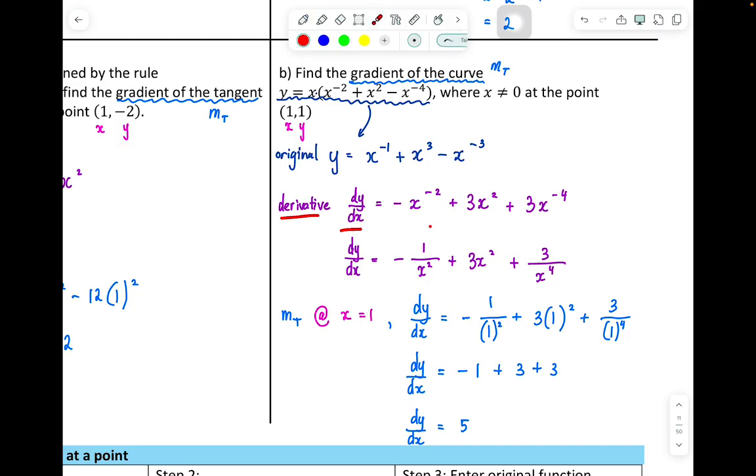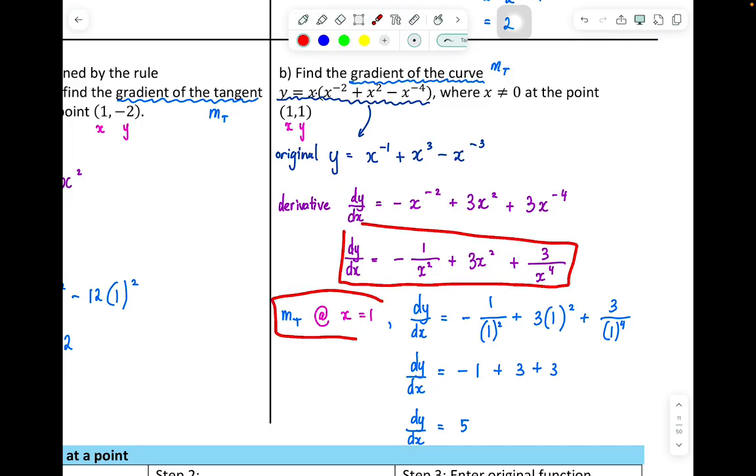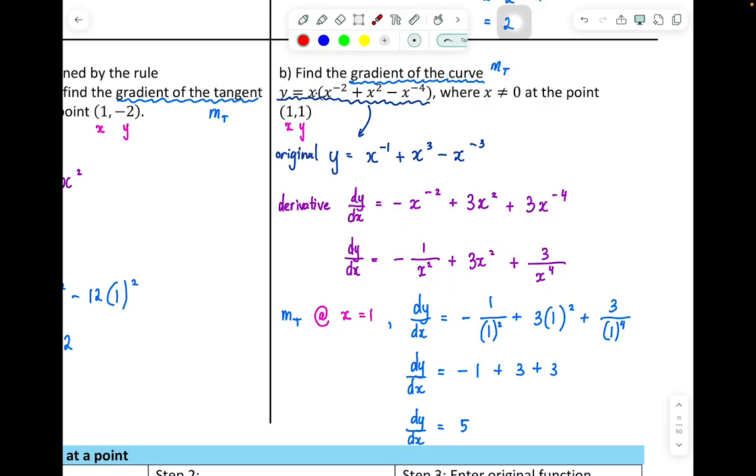You find the derivative, and then you make the powers positive by taking the negative power into the denominator. Once you've got that, then you can substitute x equals 1 into the equation to find your gradient. So the gradient is equal to 5.